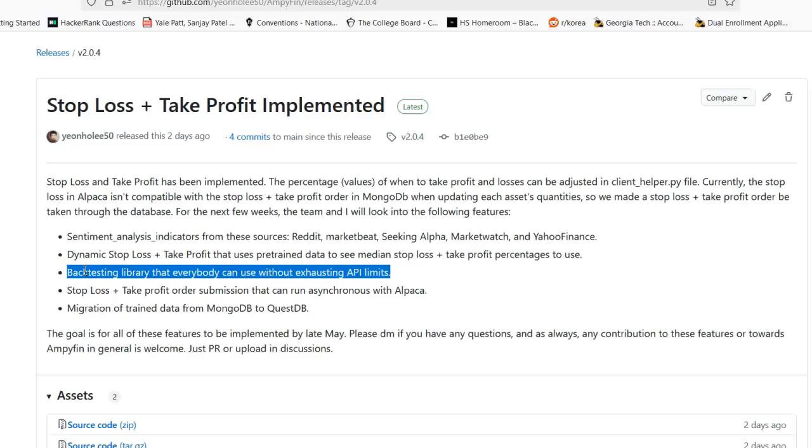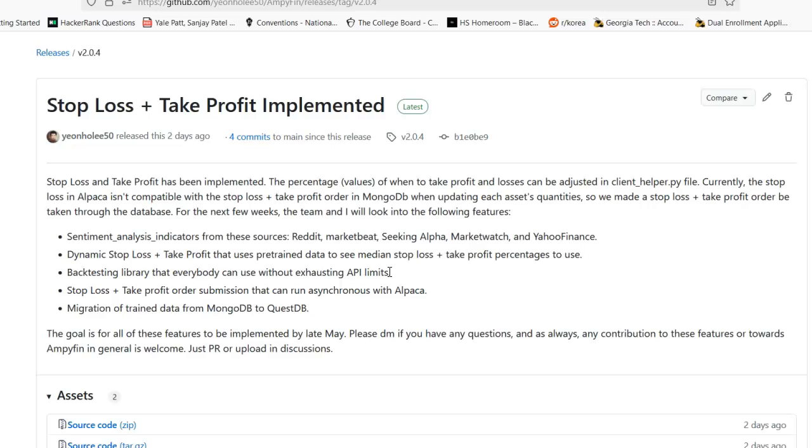So I'm trying to do something like how LumiBot is doing. LumiBot has a backtesting library that's free, but it's geared towards their product. So my team and I are building a backtesting library that's free for everyone, and there's no API limits. We're still building that.